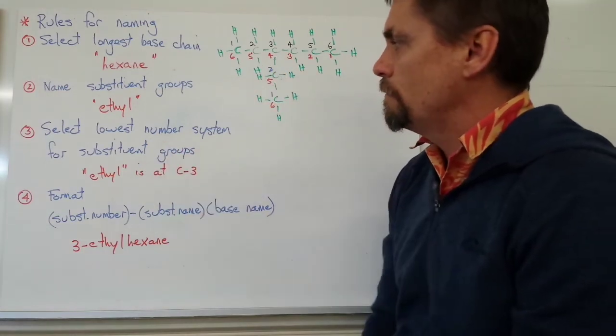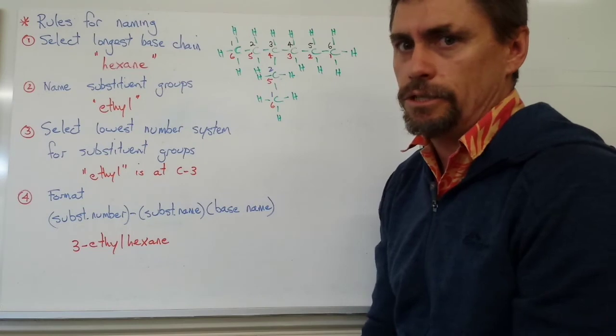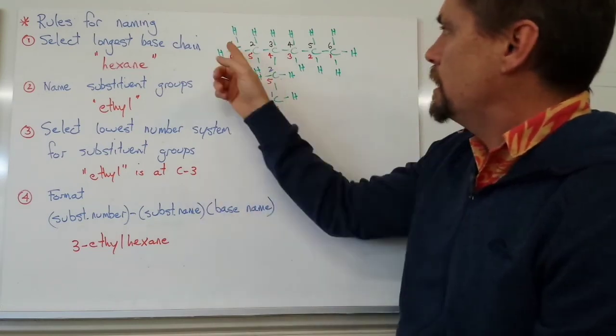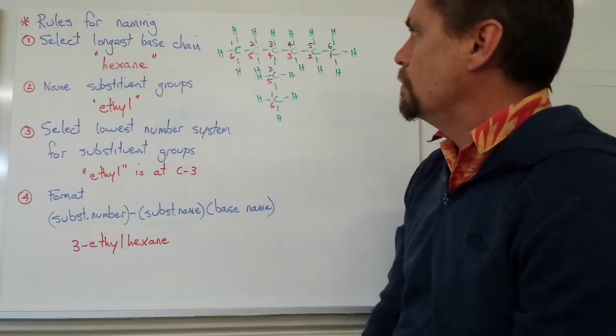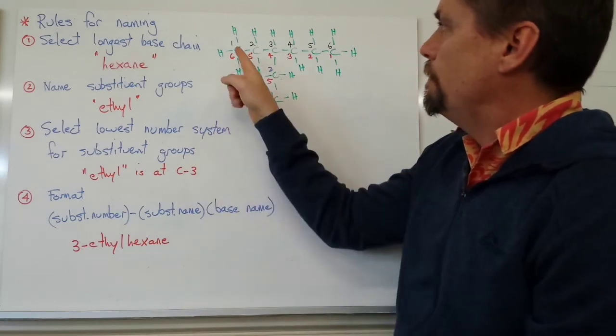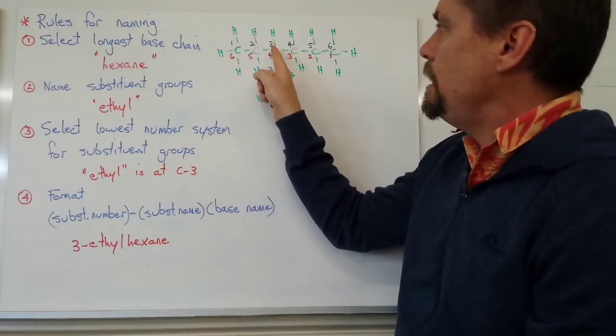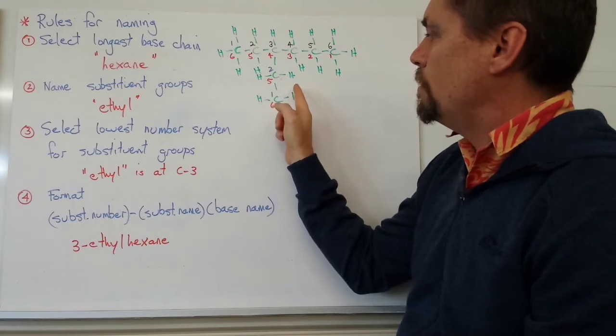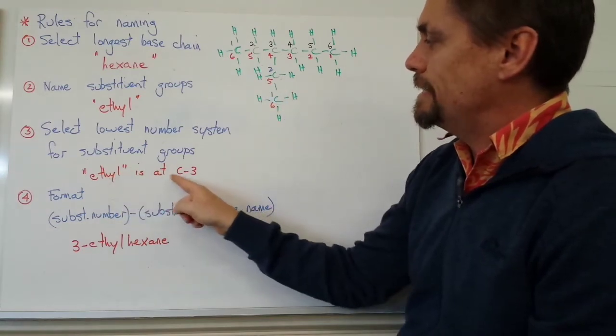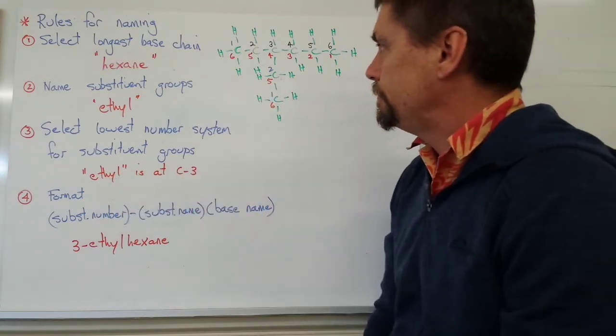Our rule says look for the lowest number system for the substituent groups. So in this case we're going to take our carbon running along the top there horizontally. So we find that 1, 2, 3 is where our ethyl group comes from. So we say that the ethyl is at carbon number 3.